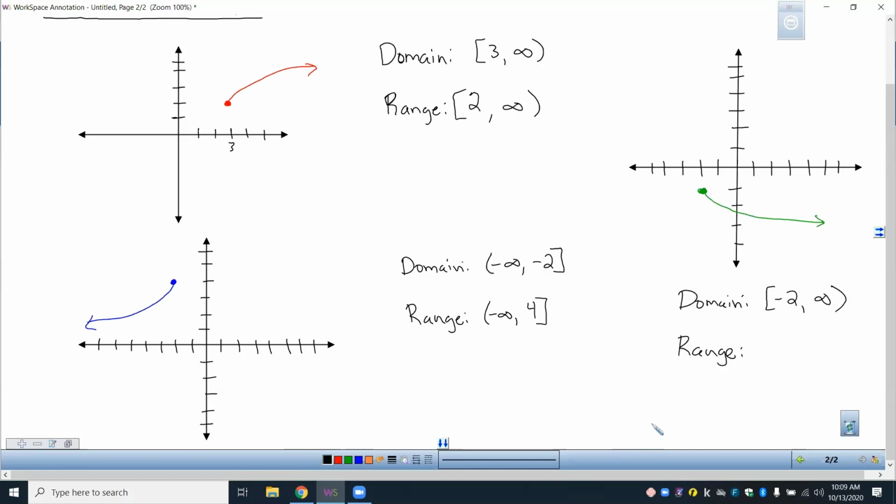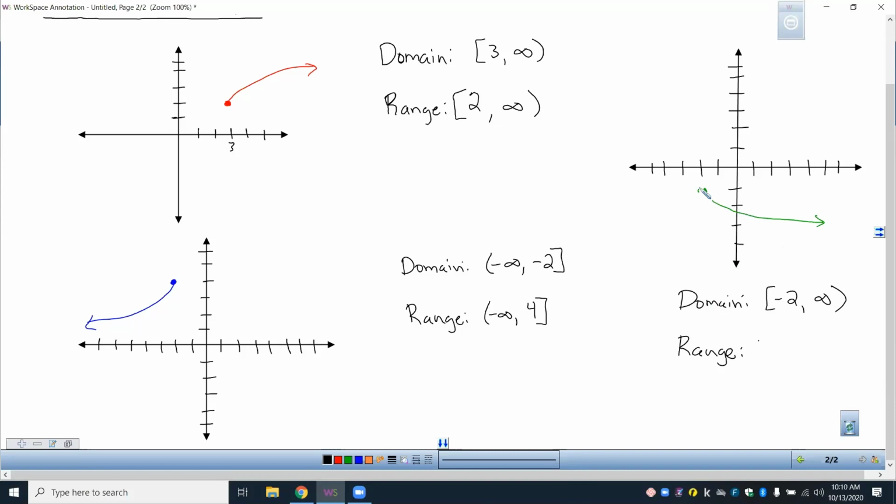Right, range, we're going bottom to top. So it's going to continue to go down. So what does my range start with? We're going bottom to top, least to greatest.